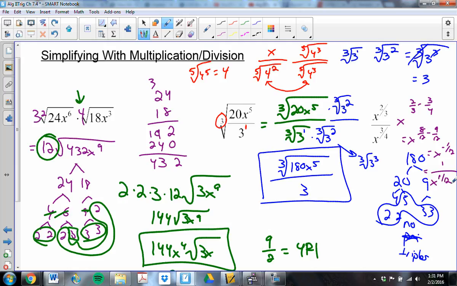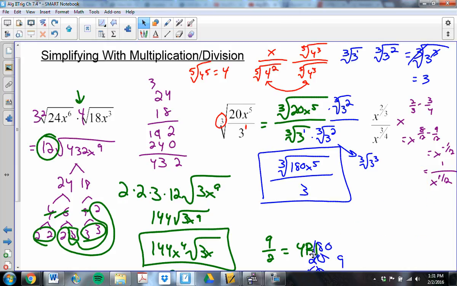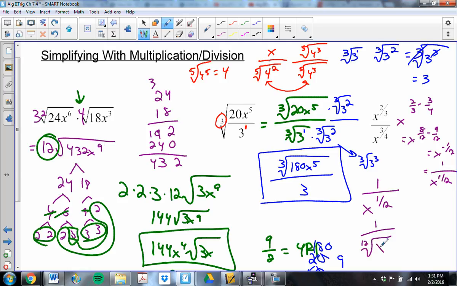So I'm going to make some room here. One over x to the 1/12. It's the same as 1 over the 12th root of x. And remember, I can't have radicals in the bottoms of fractions, so I'm going to multiply by the 12th root of x to the 11th.